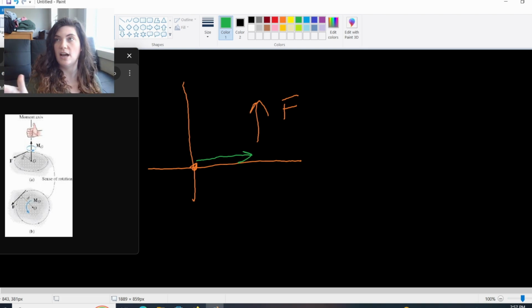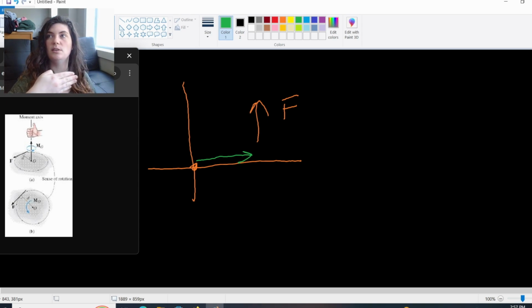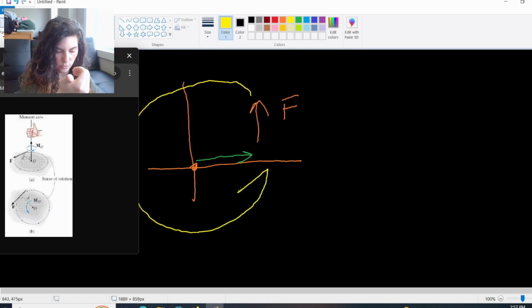You lay your fingers down in the direction of D. So if I were to do this, I'm looking at this on the screen, I point my fingers in the direction of D. And then I'm going to curl them towards F, right? So my hand is curling up towards F. And you can see I've got this kind of backward C shape with my thumb pointing out at you, right? So it's pointing out of the page. Thumb is pointing out of the page at you. And it's going in this counterclockwise direction, right? Around the point.